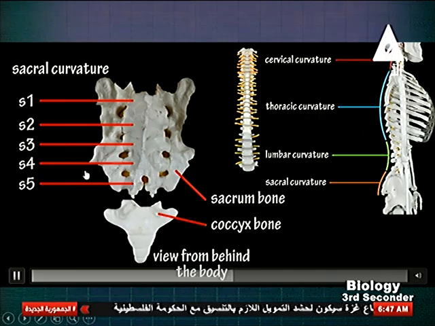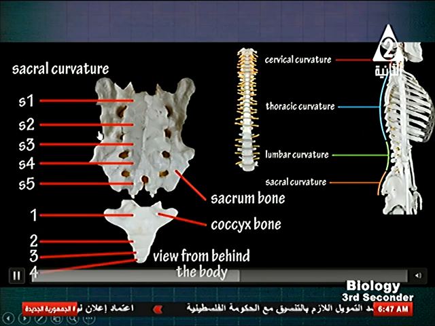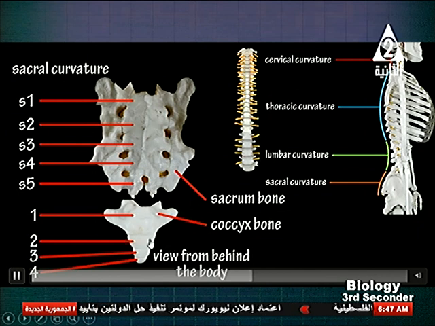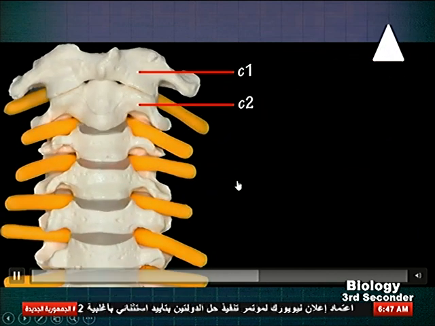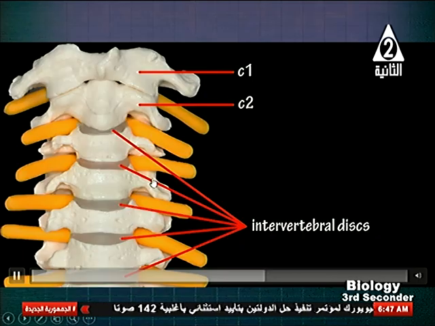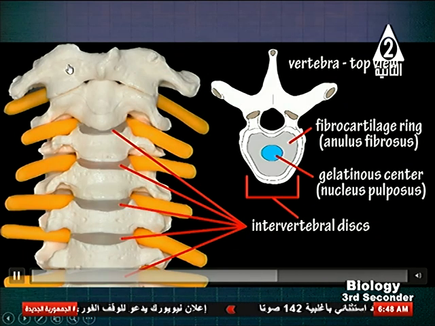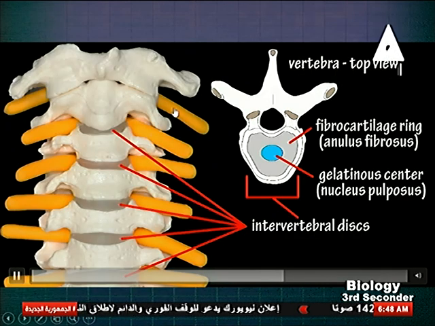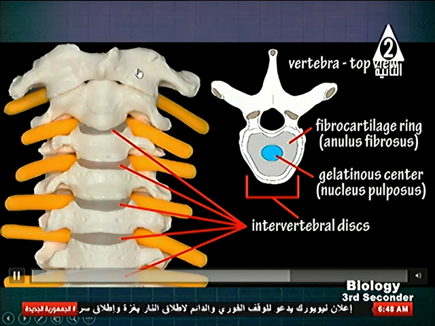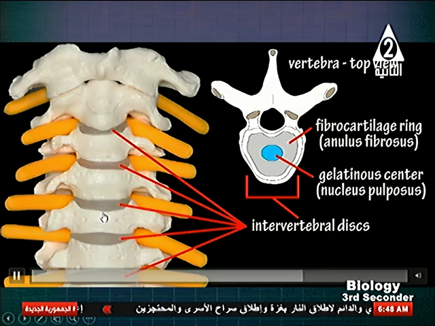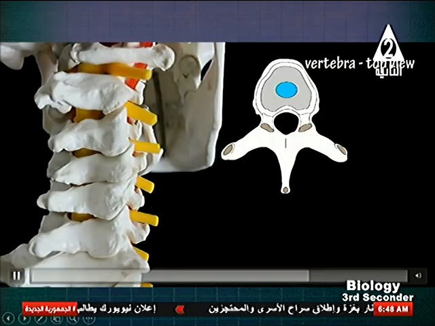But the sacral vertebrae are fused together, so calculate them as 1 bone. Also, the 4 coccygeal vertebrae are fused together and considered 1 bone. Cervical vertebrae differ in shape. Number 1 differs from the shape of number 2, and both of them differ from the shape of vertebrae 3, 4, 5, 6, and 7.